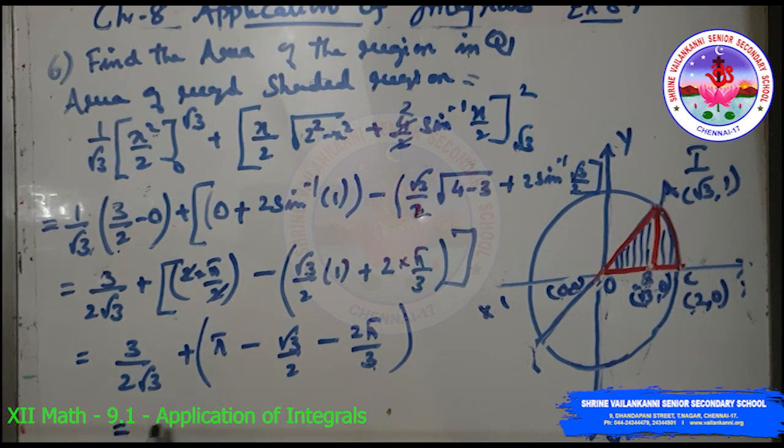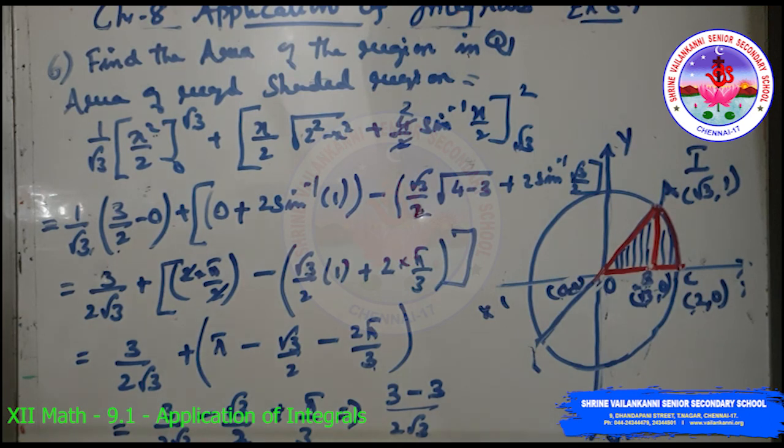So which is equal to 3 by 2 root 3 minus root 3 by 2 plus pi by 3. Taking LCM for this into root 3, so we get 3 minus 3 by 2 root 3 plus pi by 3.